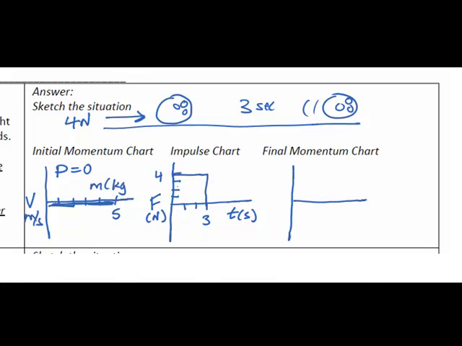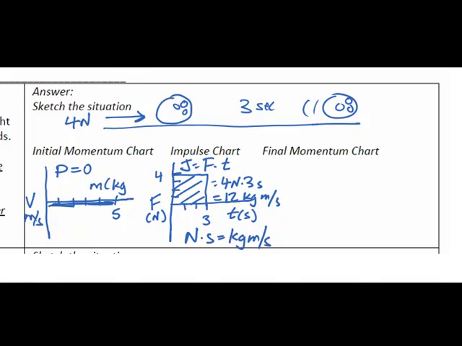The area of our rectangle here is our impulse, which we call J, equal to force times time, which is 4 newtons times 3 seconds. And remember, the units come out exactly the same as for momentum. So we'll get 12 kilogram meters per second. Remember that a newton second is the same as a kilogram meter per second.